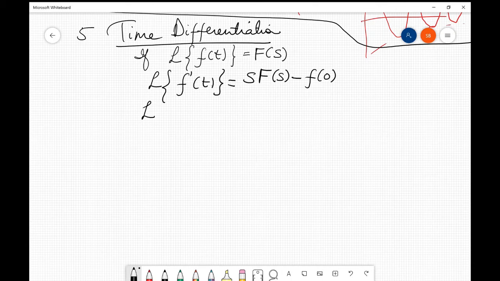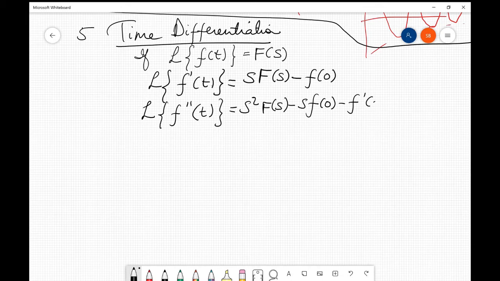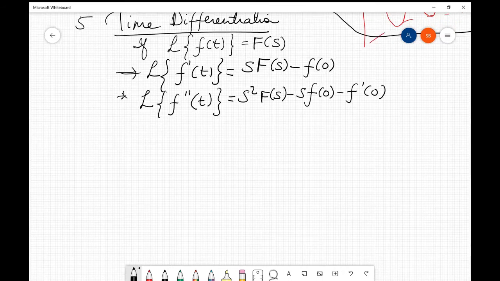And the second derivative, sometimes written with double primes, is s squared F of s minus s times f of 0 minus f prime of 0. Well, we will just concentrate on this one.